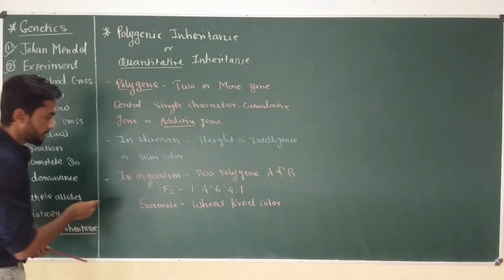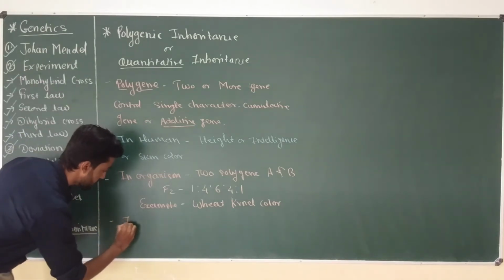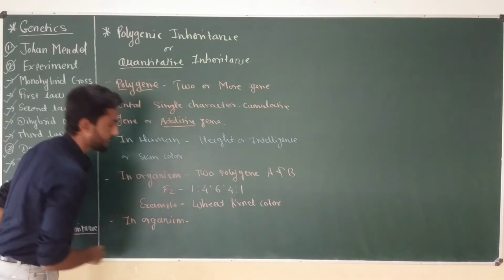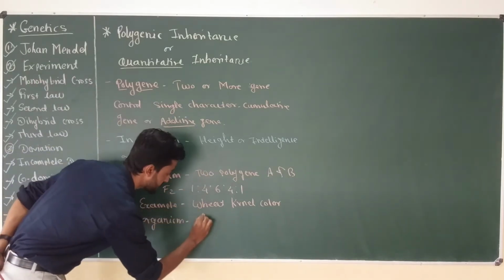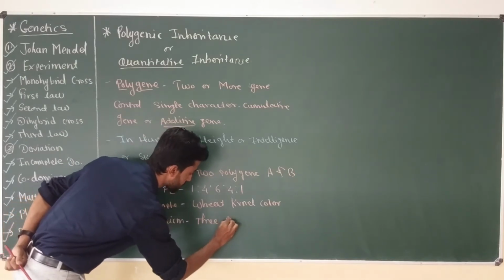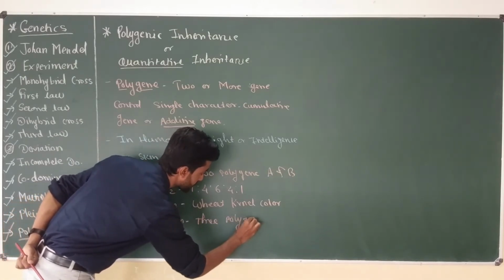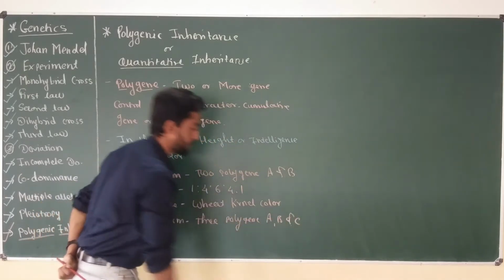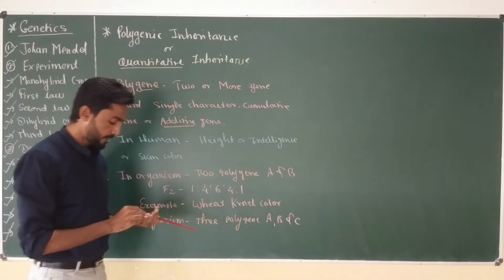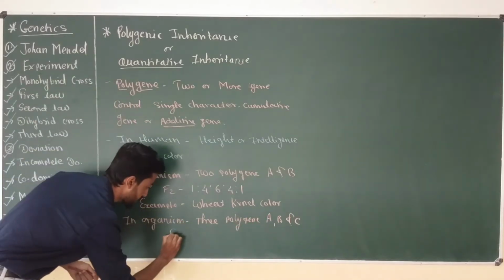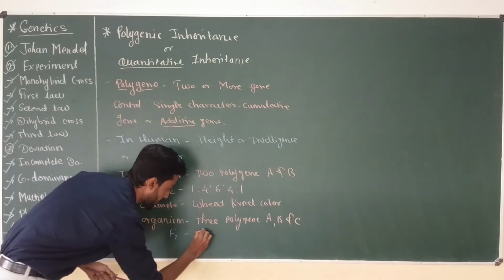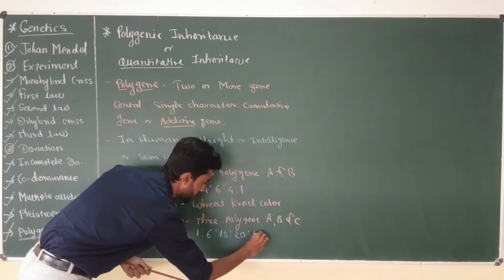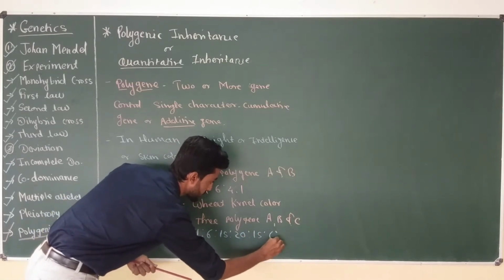Now if in an organism a single character is controlled by three genes, or three polygenes, like A, B and C, for example, then in that case the F2 generation ratio becomes 1:6:15:20:15:6:1.